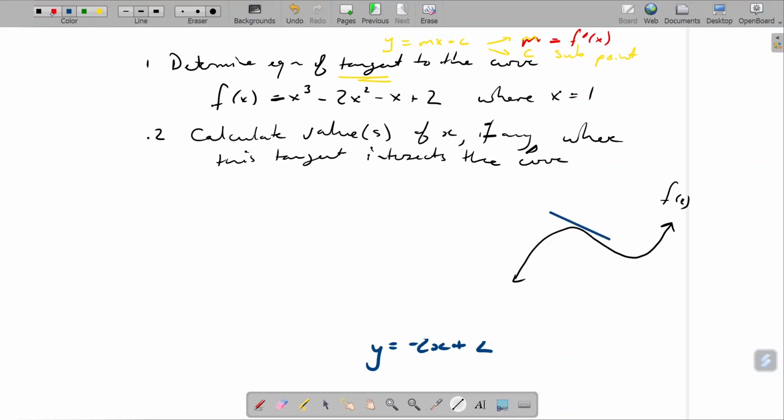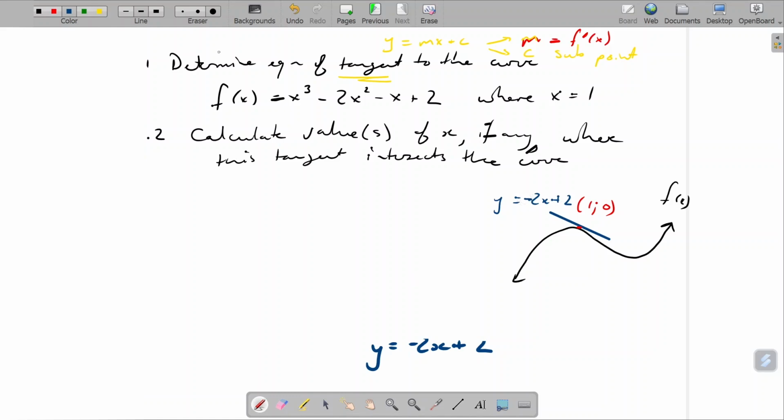We can see that at the point 1, this graph has a y value of 0, which is interesting. It tells us that at this point 1, 0, this graph has a tangent y equals minus 2x plus 2.